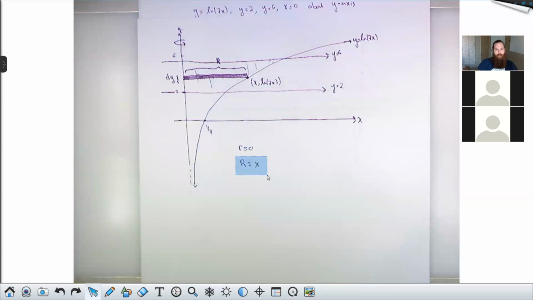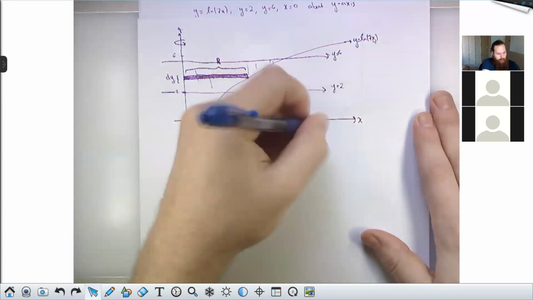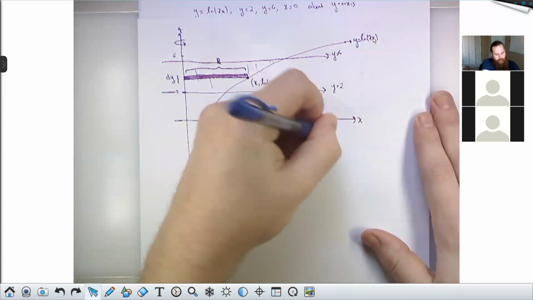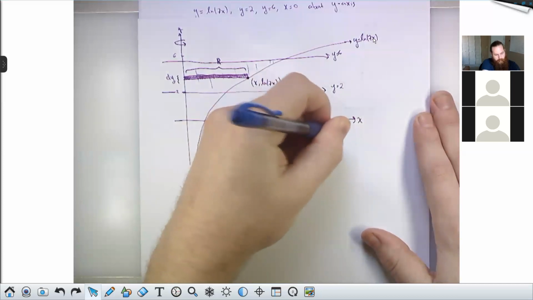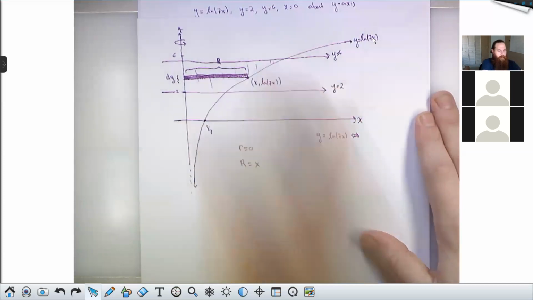But I need to write this now as a function of y. So we're going to take this guy and solve him for x. That will let me recharacterize this point in terms of y.